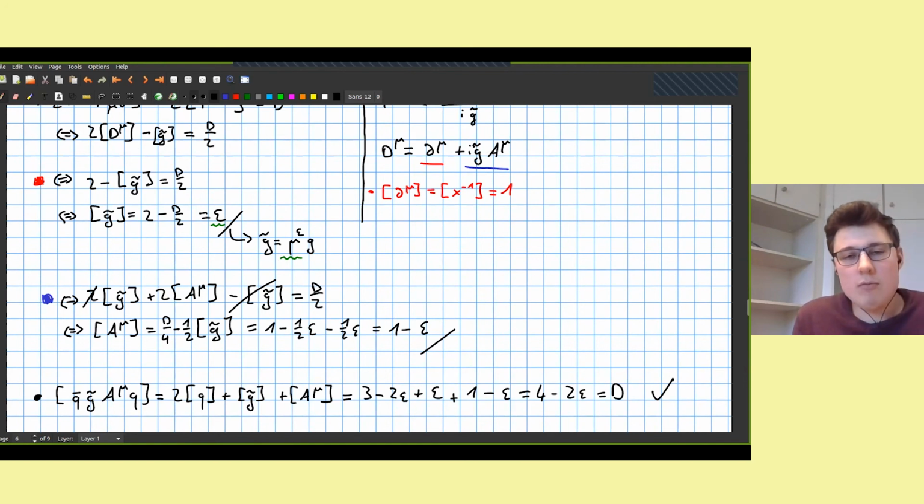So I think what Marcus did was more like an ad hoc assumption that one should have this additional mass dimension, because otherwise he had a logarithm with a dimensionful argument, and this wouldn't have made any sense. So he said, okay, let's introduce this factor mu to the epsilon, and then everything works out.